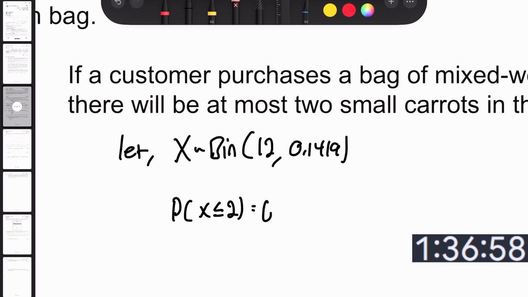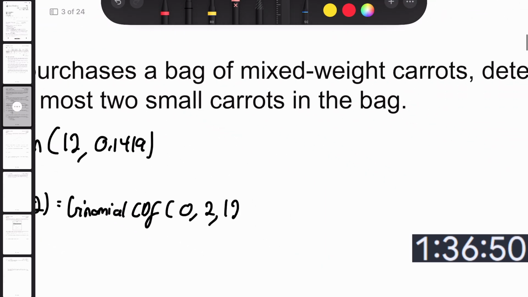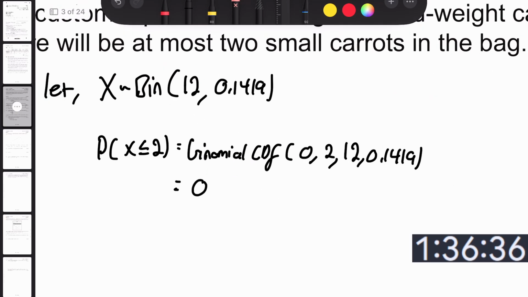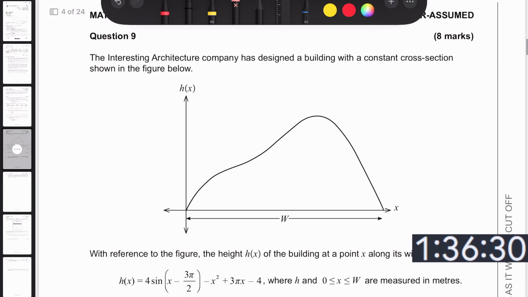It's equal to binomial CDF from 0 to 2 of 12, 0.1419. Been a minute since I did a methods exam, so I just got to remember what all my parameters are. So I get 0.7633. And probability, so I can write that.